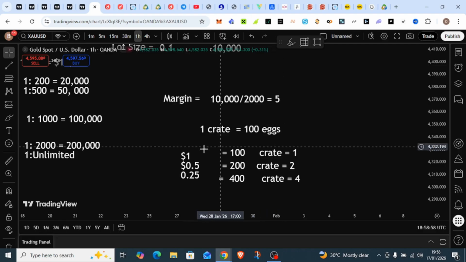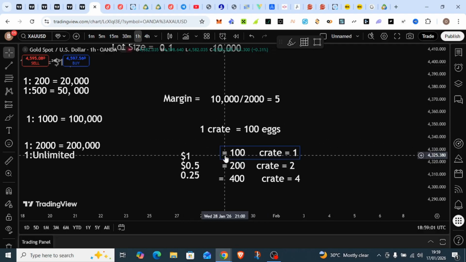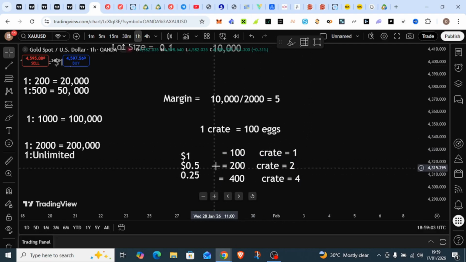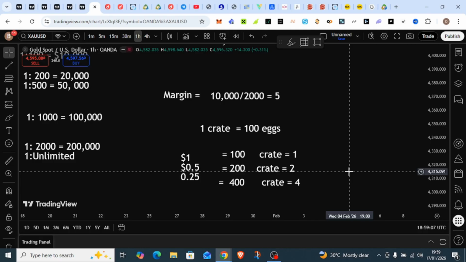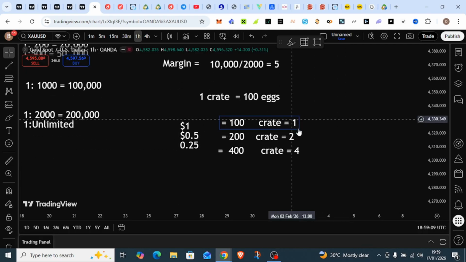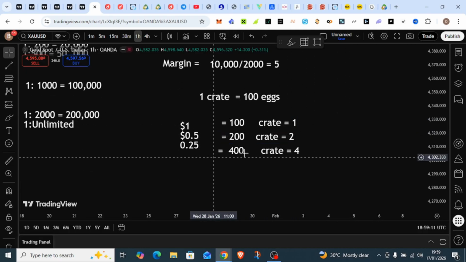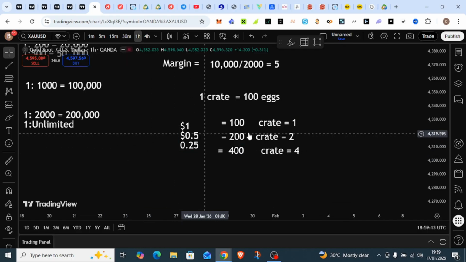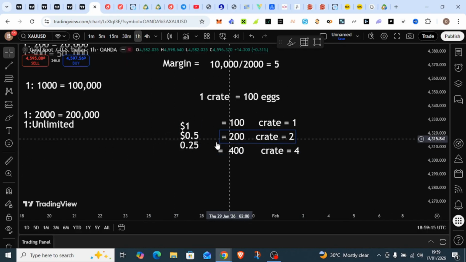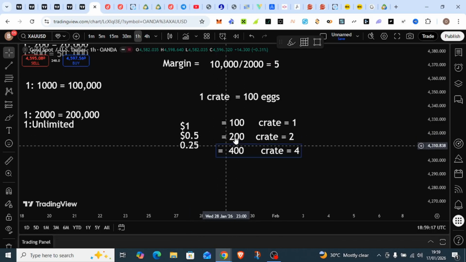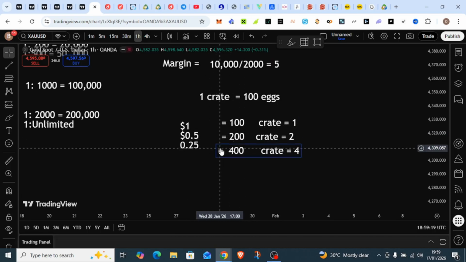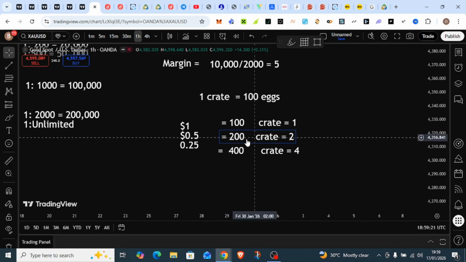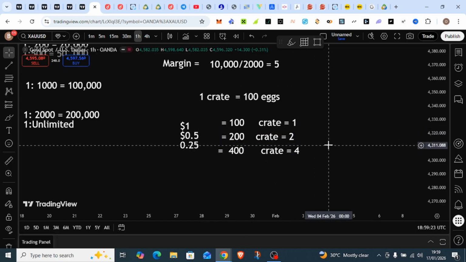So it depends on the amount the buyer buys that will determine the quantity and the number of crates the buyer will have at the end of the day. So this is what happens.